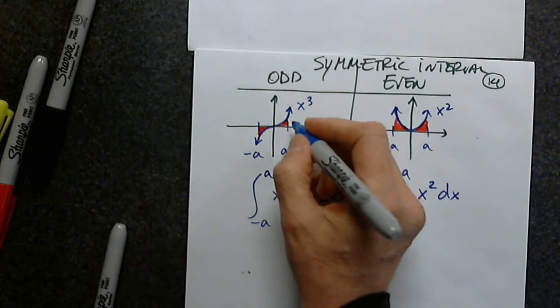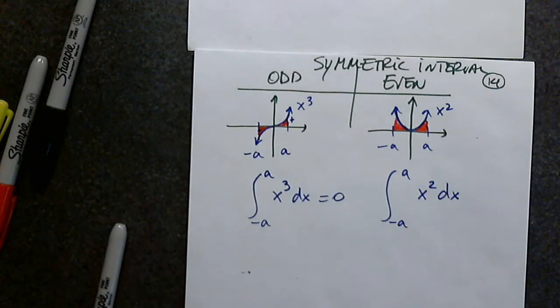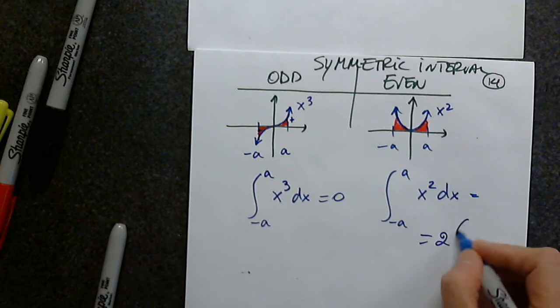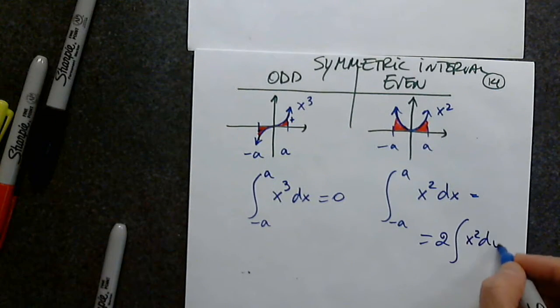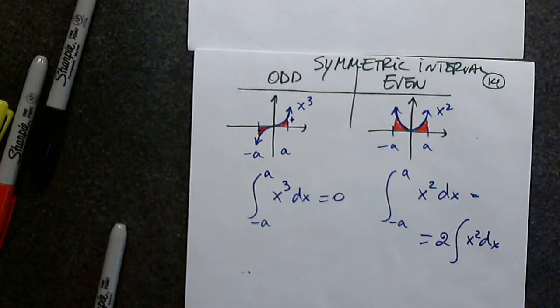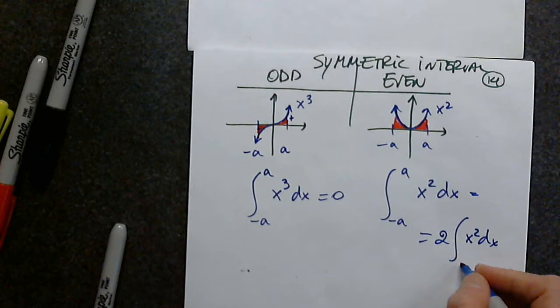Because this is a positive area and this is a negative area, and they are equal because it's a symmetric interval and the function is odd. Just a symmetric interval and not an odd function is not going to be the same. So the other would be 2 times the integral of x squared dx from which limits? Say it again.